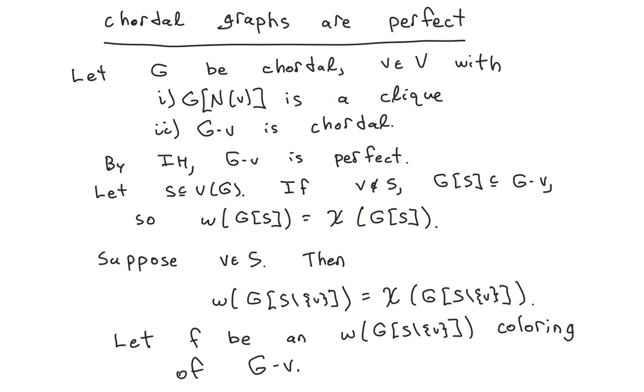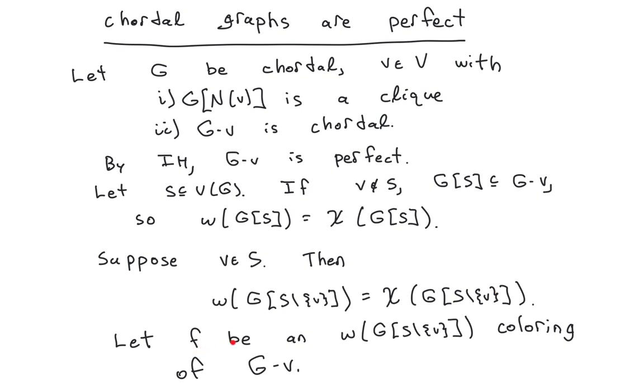So then let's consider what happens when V is in S. Well, then, since the induced subgraph on S take away V is a subgraph of G minus V, I already know by induction that the clique number of this subgraph is equal to its chromatic number.